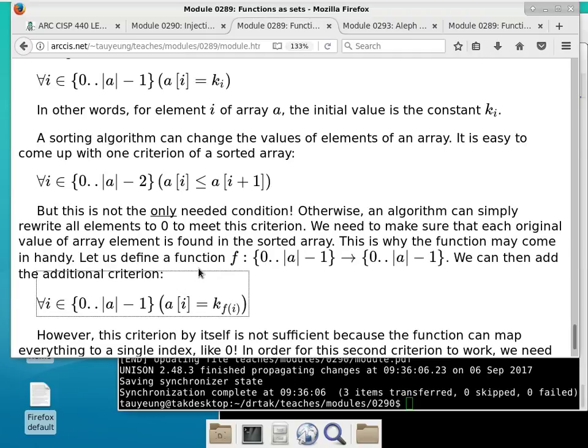If I map every single i possible here to a single 0, this will become true, wouldn't it? And all I have to do is pick the first element of the entire original array, copy that through the entire array, and then I say, oh, I did this requirement already, because now we have a function f that maps everything to 0. That doesn't define what a sorting algorithm is supposed to do.